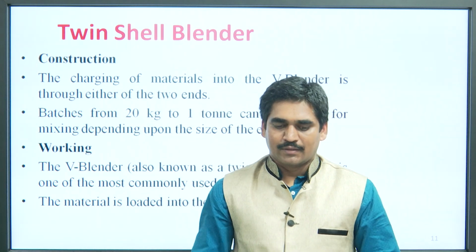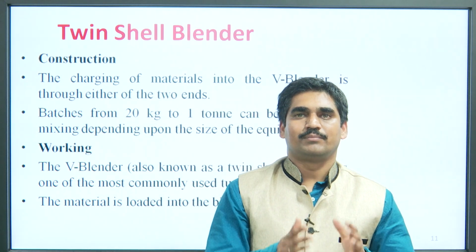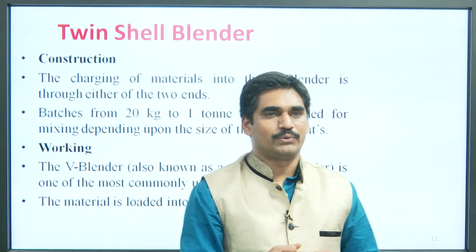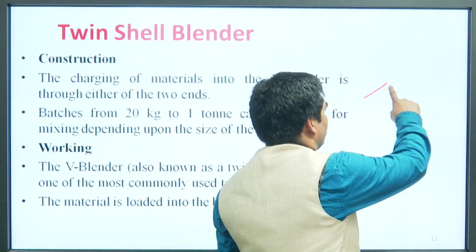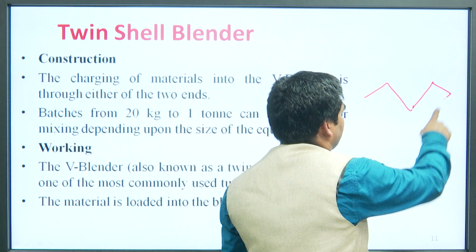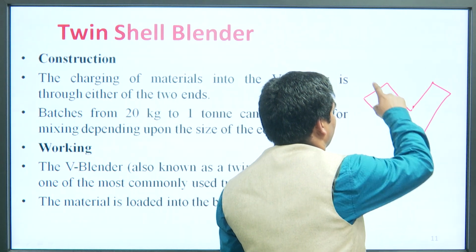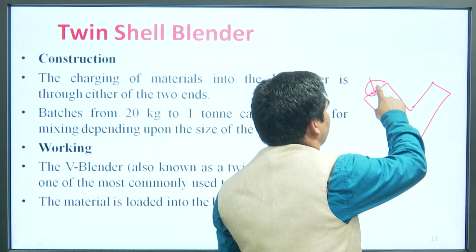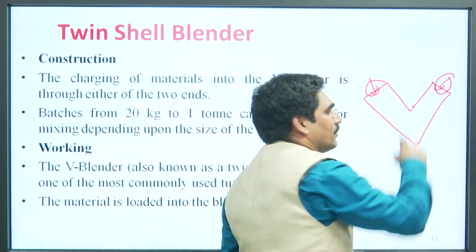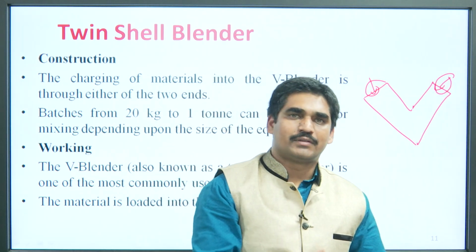The charging of materials into the V blender is through either of the two ends. Since we are having two cells, from either cell, from this one or from this one, we can load the product which is to be blended.